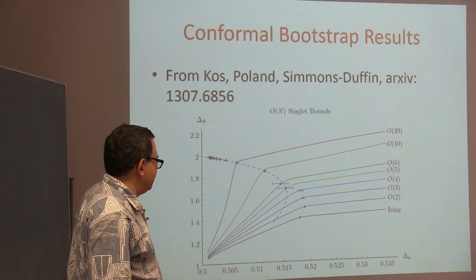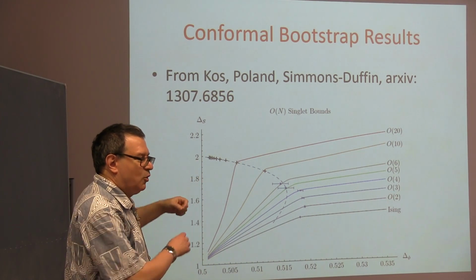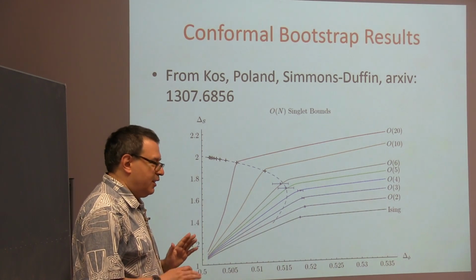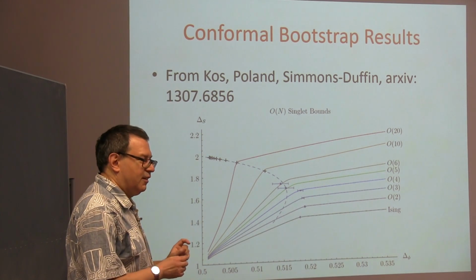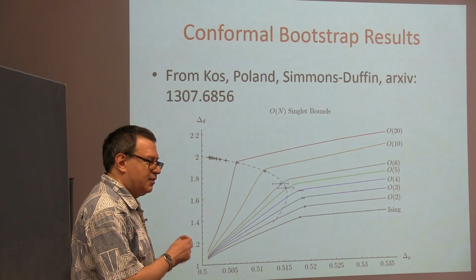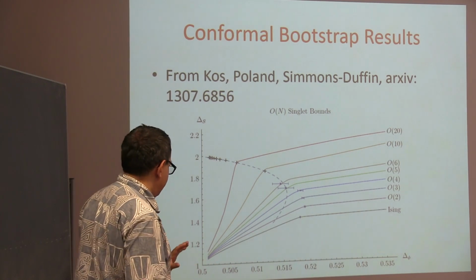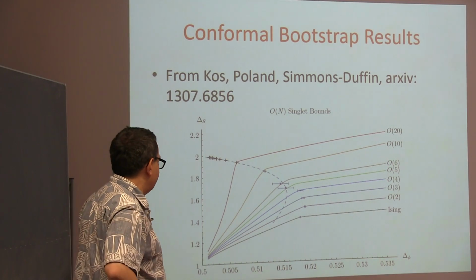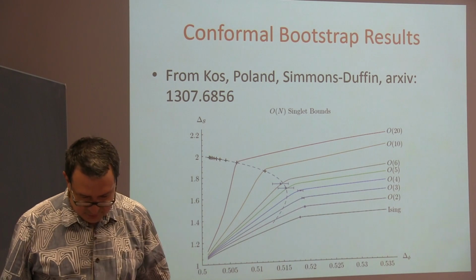Then I think it gets harder for larger n with this approach, because they need to keep track of many more. They really have a multi-parameter space. For the Ising model, it's just two parameters, delta phi squared and delta phi, and everything works beautifully. But for higher dimensions, it gets much more complicated. But basically, it's all pointing to a very successful program, and also to the goodness of the 1/n expansion.